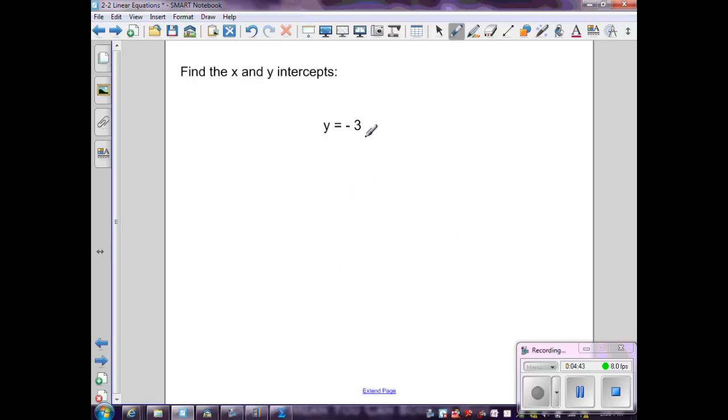On my next example, they want me to find the x, y intercepts. Here I have y equals a negative 3. And I know if I graph this, this is going to give me a horizontal line. Therefore, I know my x-intercept is none.